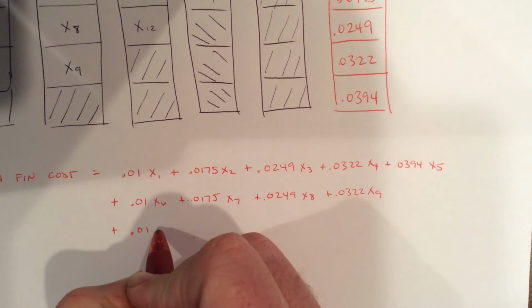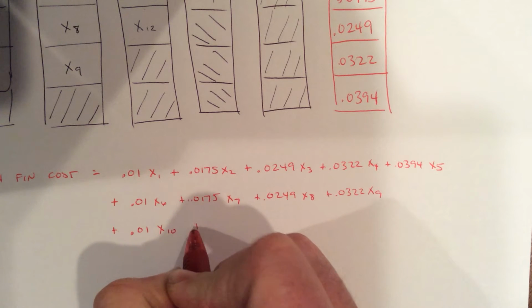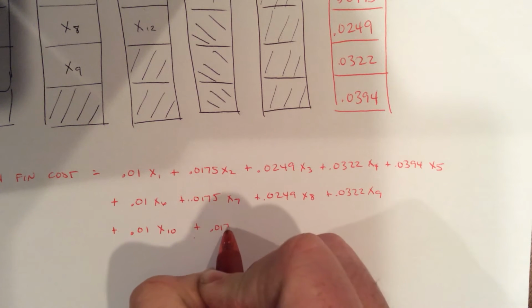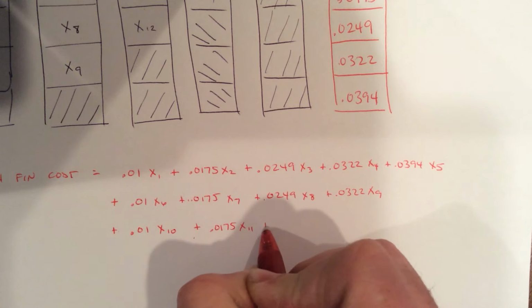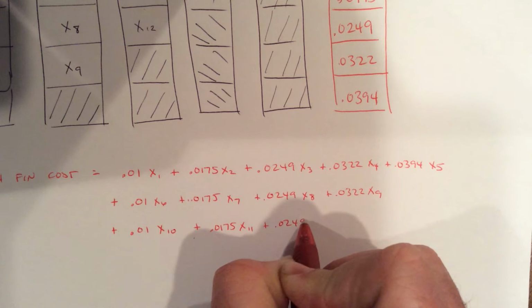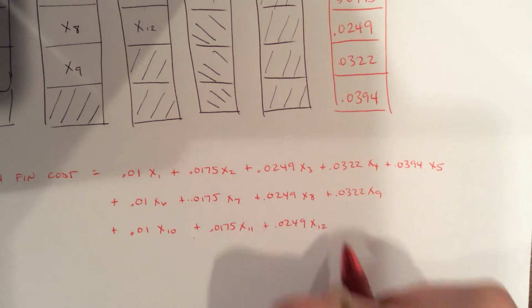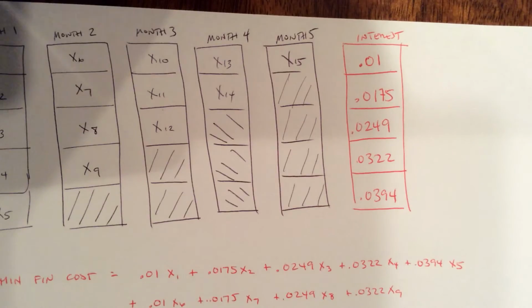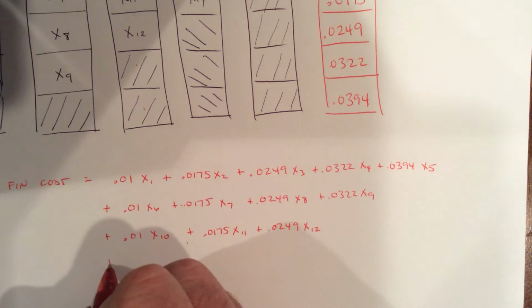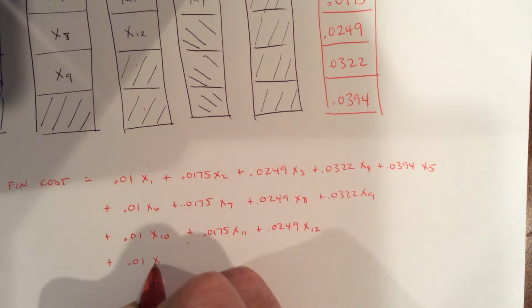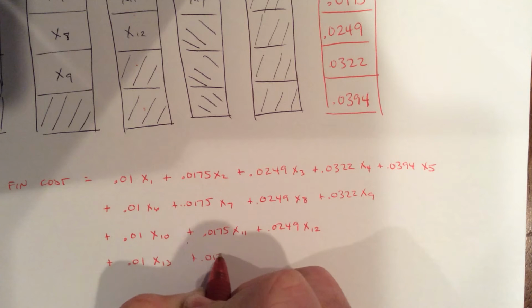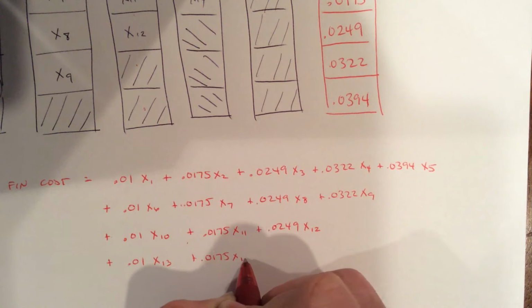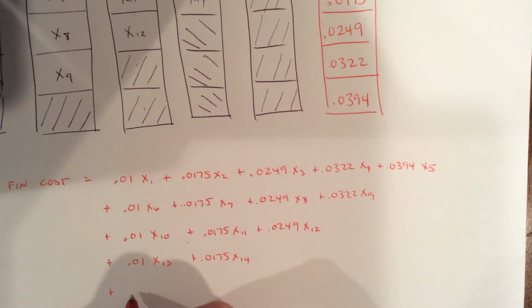Okay, the next is for month 3. I can take out a 1-month loan, which is 0.01 times x10. I can take out a 2-month loan, which is 0.0175 times x11, plus 0.0249 times the amount I take out in a 3-month loan. And in month 3, you see there's no 4 or 5-month loans. In month 4, it's going to be plus 0.01 x13 plus 0.0175 x14, and for the 5th month period, 0.01 times x15.